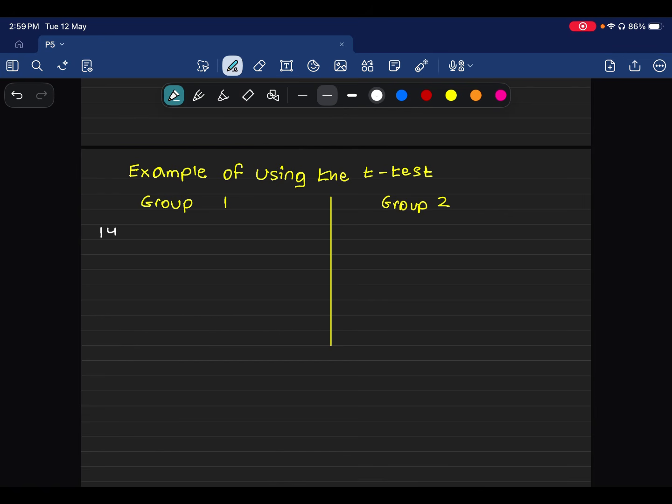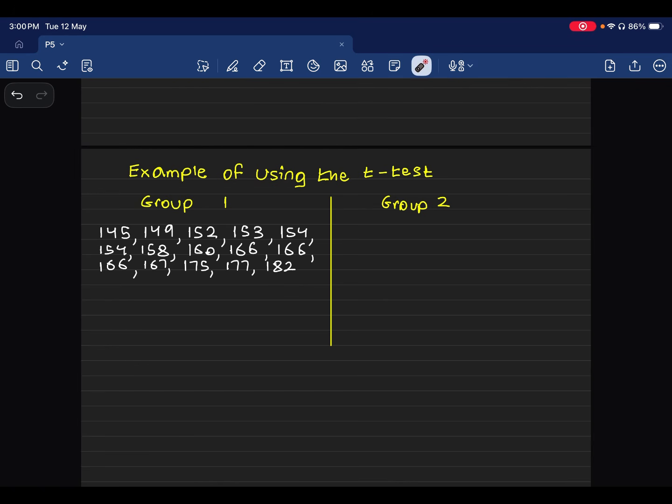So let's say the heights which I get in group one is 145, 149, 152, 153, 154, then again 154, then let's say 158, 160. I'm just taking a large number of values. Then again 166. Then let's do 166 one more time. Then 167, 175, 177, and then 182.